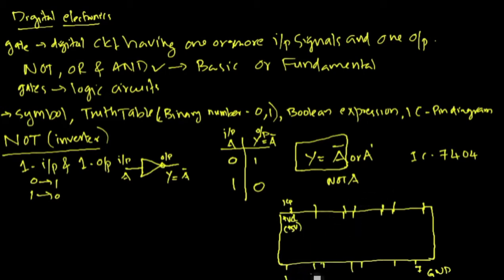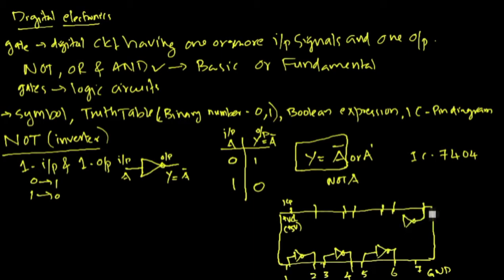Pins 1 and 2 form the first gate, the first logical NOT gate. Pin 1 is the input and pin 2 is the output. The second gate is between pins 3 and 4: 3 is the input, 4 is the output. The third is between pins 5 and 6: 5 is the input and 6 is the output.